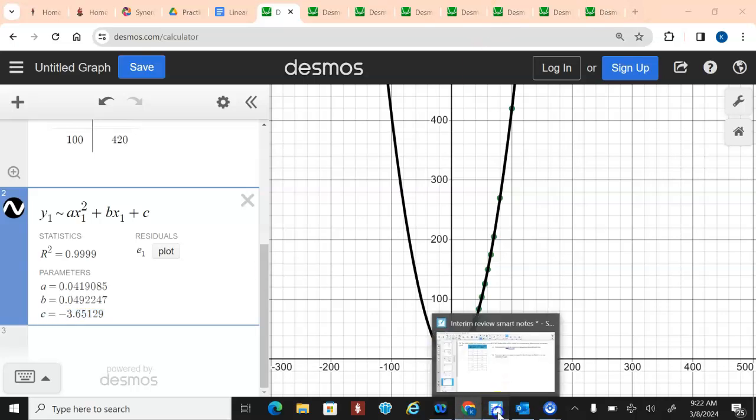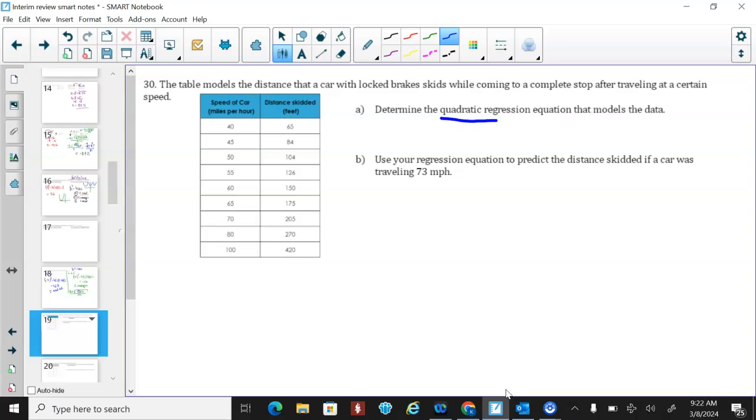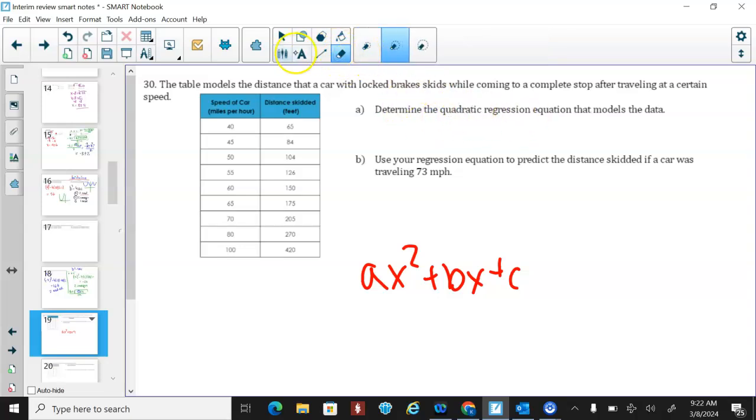So let's go back to the table. The equation standard form, of course, is ax squared plus bx plus c. So we're going to plug in our A, our B, and our C in the right spot. For A, I'm just going to round it to 3 decimals, so 0.042 x squared.